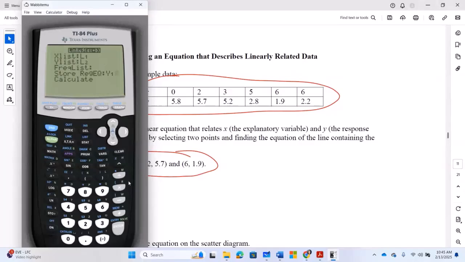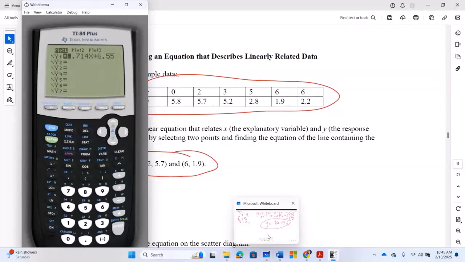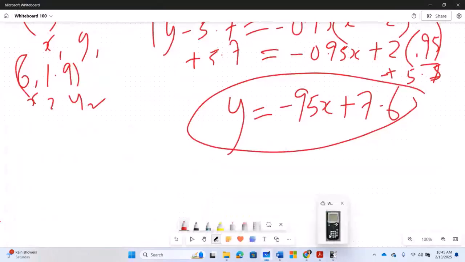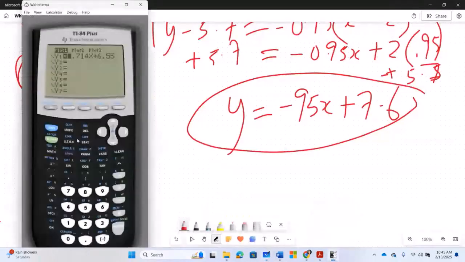All right, so now I found the equation. Then I'm going to y equals, this is the equation. Let me pull up the other equation, and then I pull up my calculator. You see, the equation right here is not exactly the same as that.